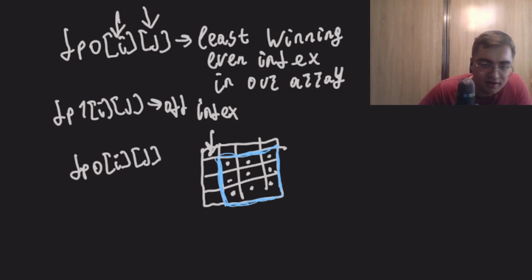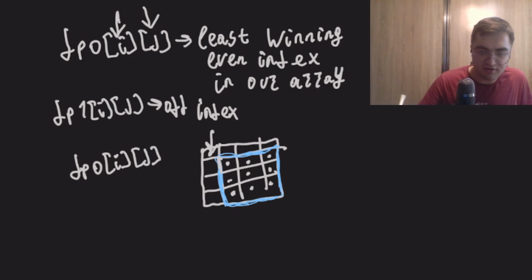Now let's say, what is the minimal dp1 ij inside here? Let's try to understand that.